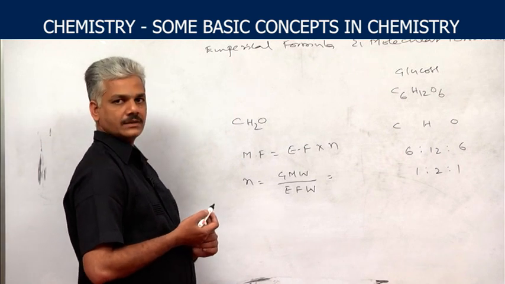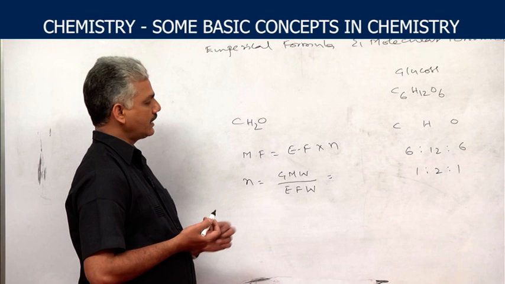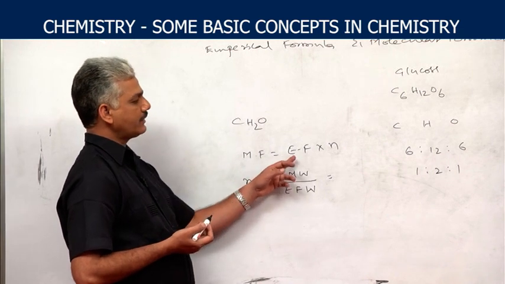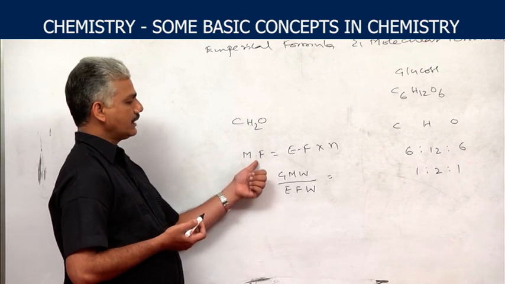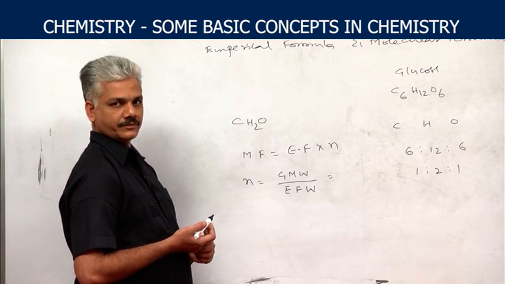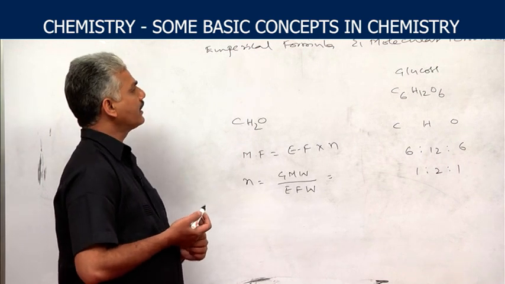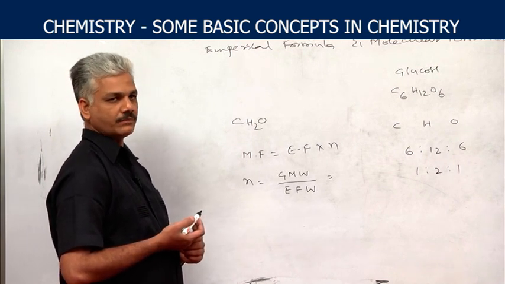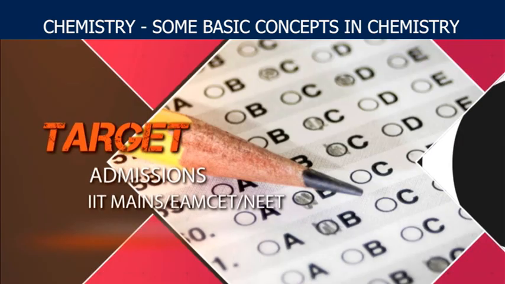Those fractional values are to be adjusted to the nearest integers, and when you multiply empirical formula with that adjusted integer value, you will get molecular formula. So, let us see some examples of how to find out empirical formula and molecular formula of a given compound.